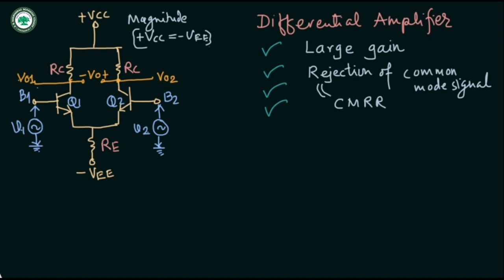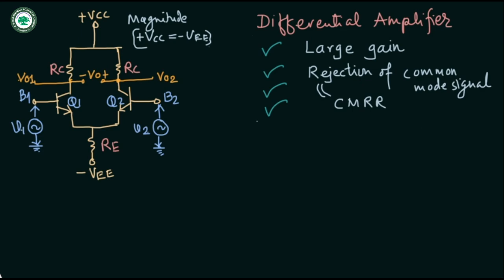Now whenever we are interested in getting the differential output, VO will be the difference between the individual outputs taken at the collectors.